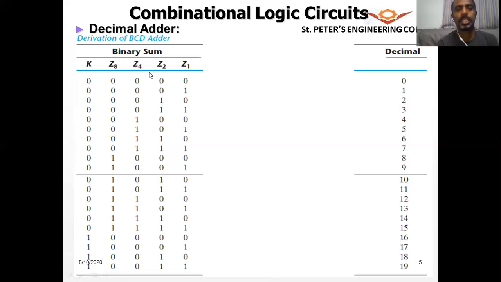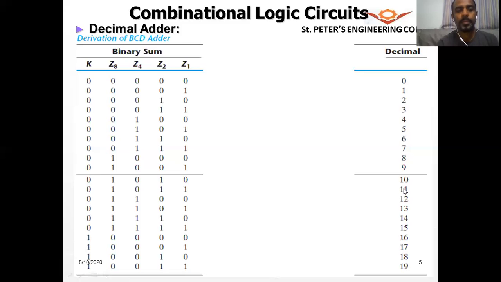Each decimal digit will be represented using 4 binary bits. These 4 binary bits have 16 combinations, but I require only 10 combinations, 0 to 9. So therefore, the 6 combinations are to be eliminated.